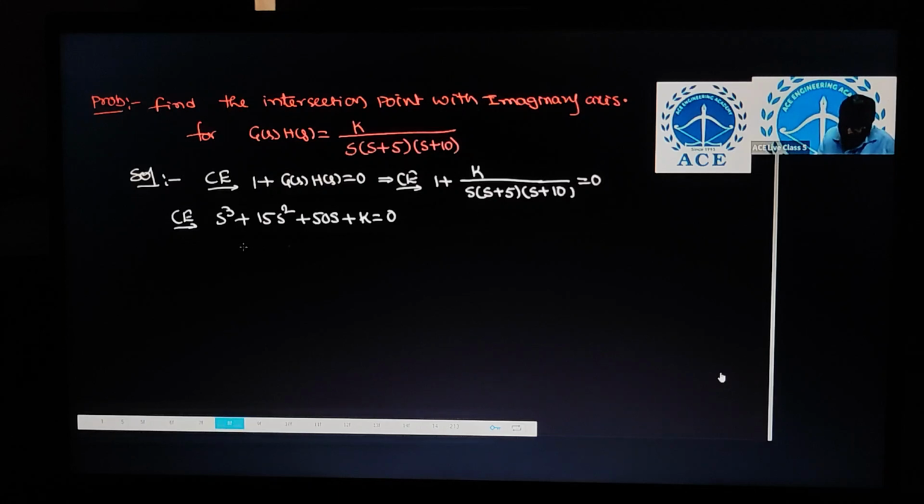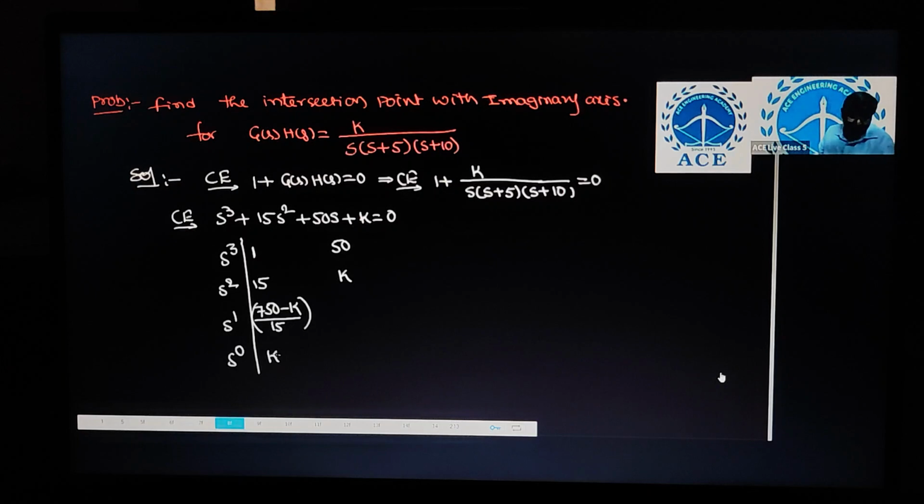Write the Routh tabular form: s cube, s square, s power 1, s power 0. Here it is 1, 50, here 15, k, here 750 minus k by 15, here k.